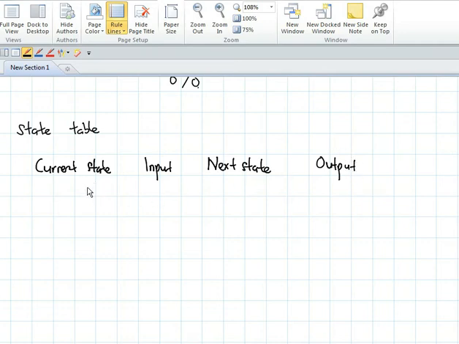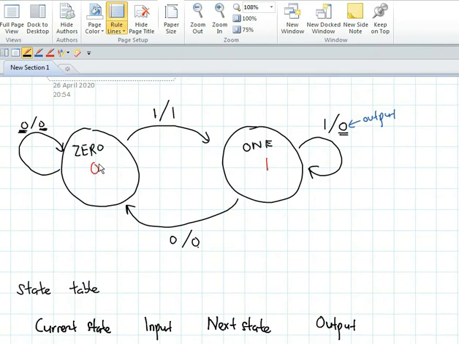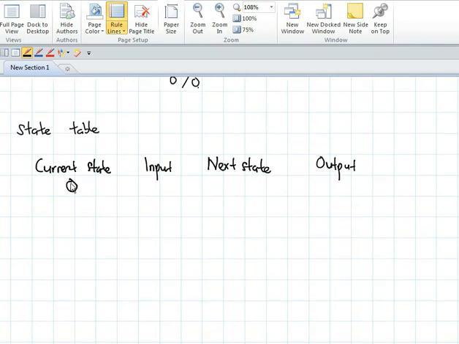Because of the binary encoding, you only have 1 digit, so you just use 1 flip-flop. The current state is Q, your input is L, your next state is Q plus, and your output is P.